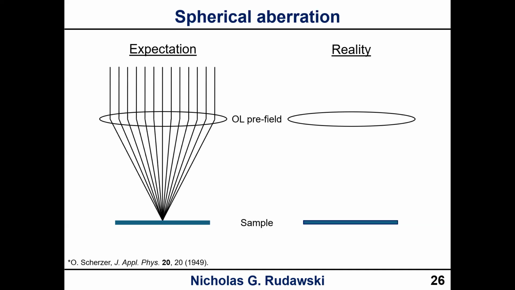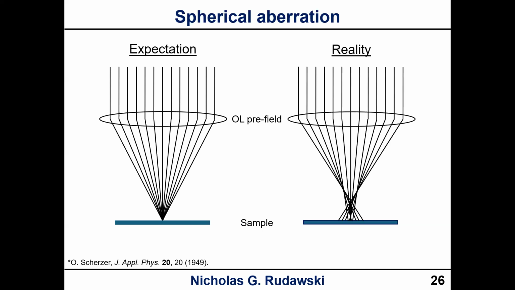That would be a perfect scenario. The reality is I have something that looks like this, okay? So as the rays traveling farther away from the middle of the lens or the optic axis are focused, they're bent excessively or over-focused, okay, relative to the rays that are closer to the middle of the lens or the optic axis, okay? And this is what we call spherical aberration.